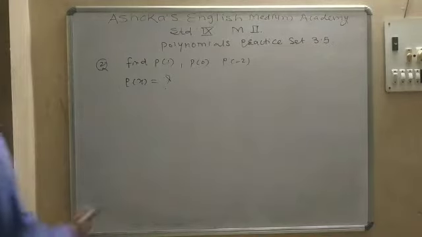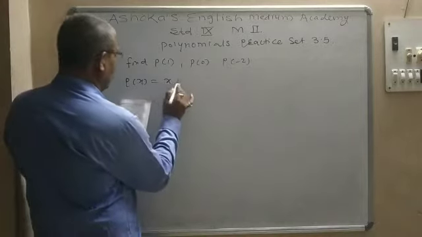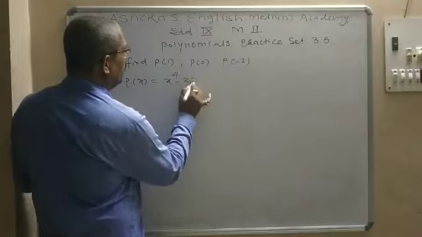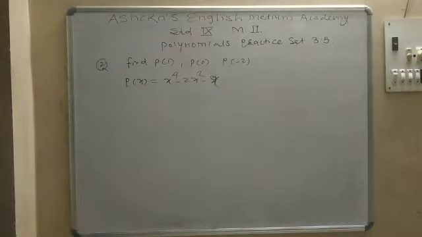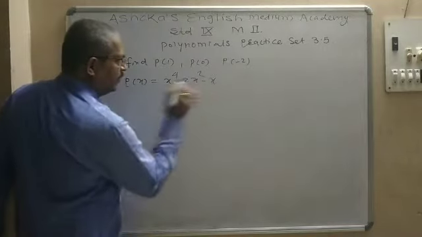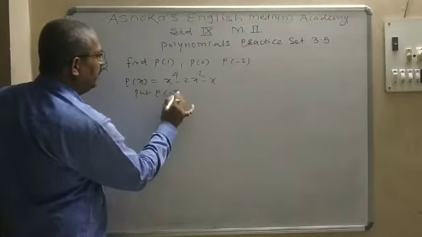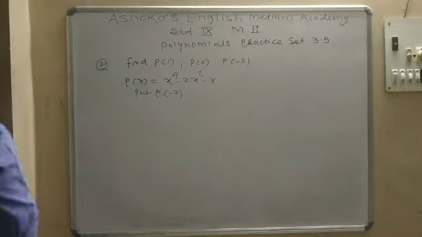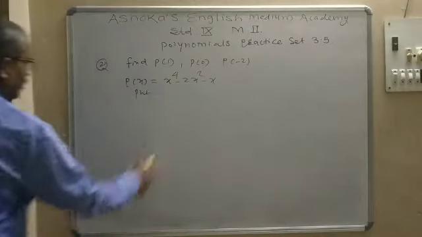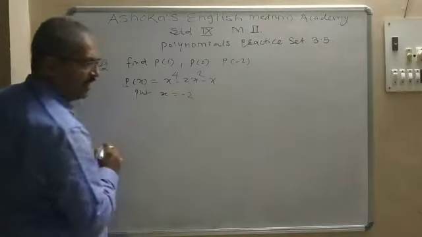There is a little mistake that took place in printing, and p(x) is equal to x raised to 4 minus 2x square minus x. Okay, then put p(-2), put x is equal to minus 2.